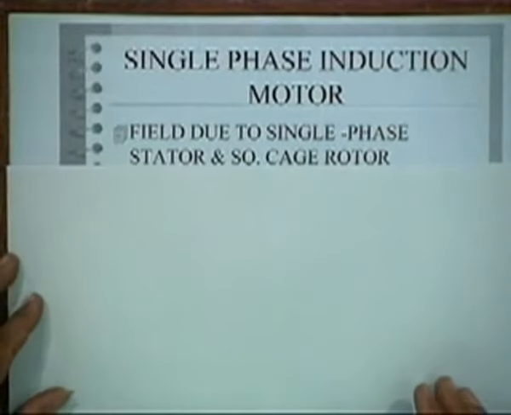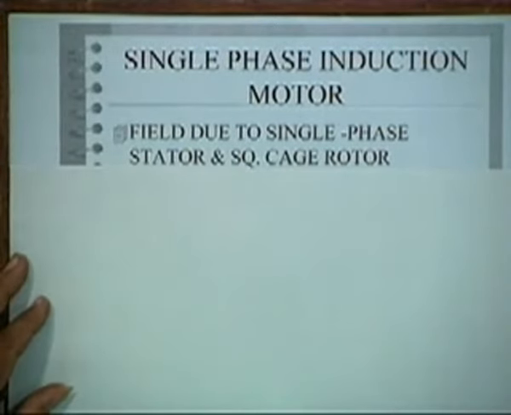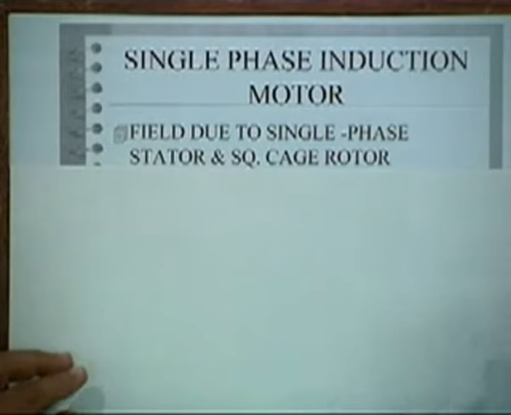because this is an important topic, as these motors are very widely used. You are aware that if you have a single phase stator and a squirrel cage rotor, only one of the three phases is excited.